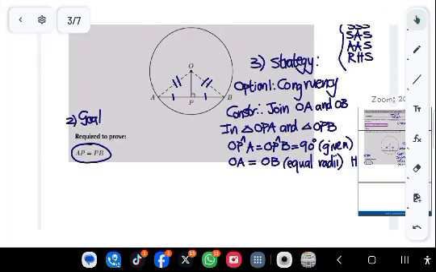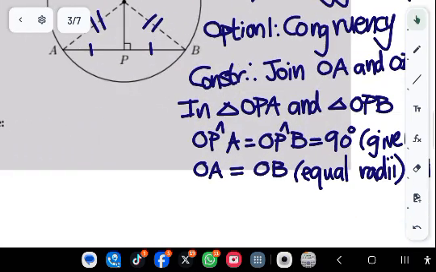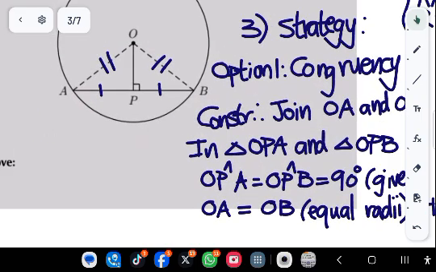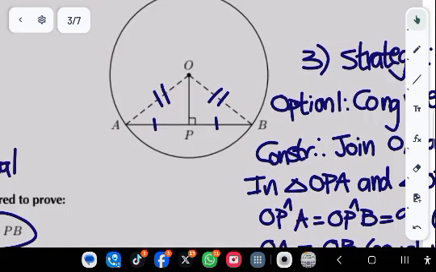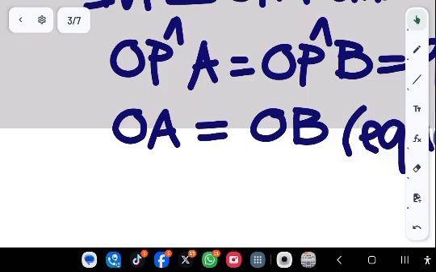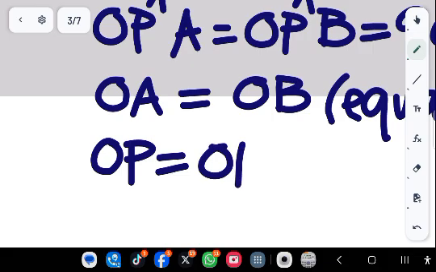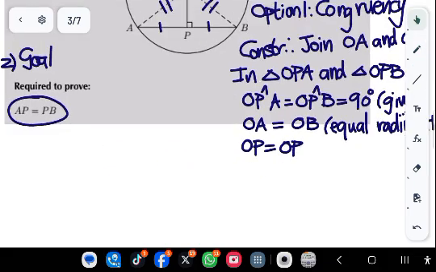Next, the last one is the side. What is the side that we're going to use? We can use the common side, because this one is not given to us. So the common side is what? OP.